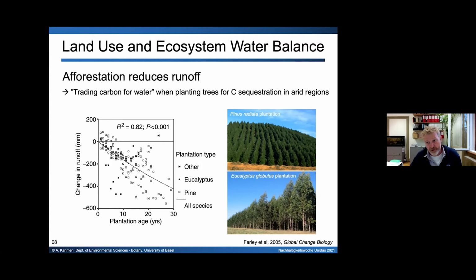And if you want to manage your ecosystems to supply drinking water to urban areas, then you're in a dilemma. On the one side, you want to plant trees to sequester carbon. On the other side, this costs you a lot of water. So this very nice term, trading carbon for water when you're planting trees in arid regions.